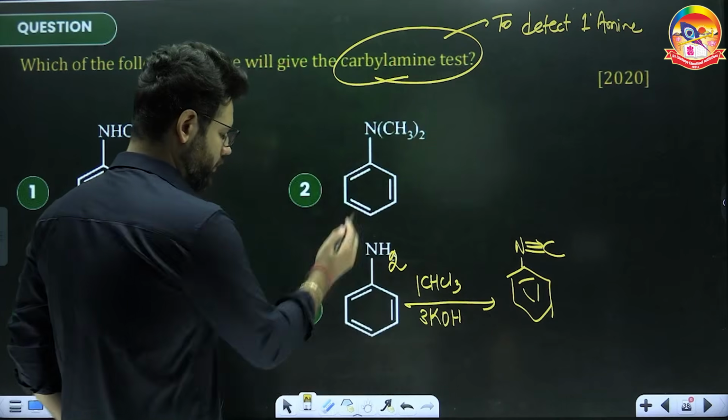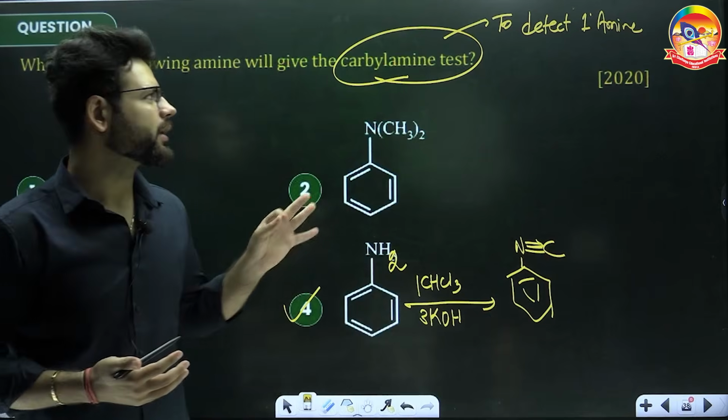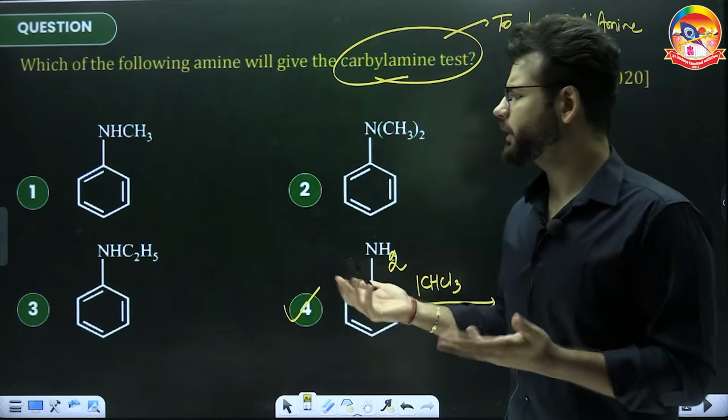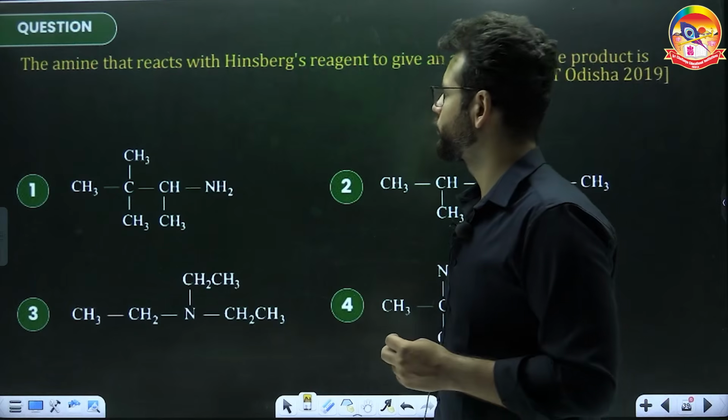So the fourth one can make an isocyanide by a carbylamine reaction. Okay, isocyanide test you can call it, carbylamine test also you can call it. Bad smelling compounds, isocyanides, are produced.